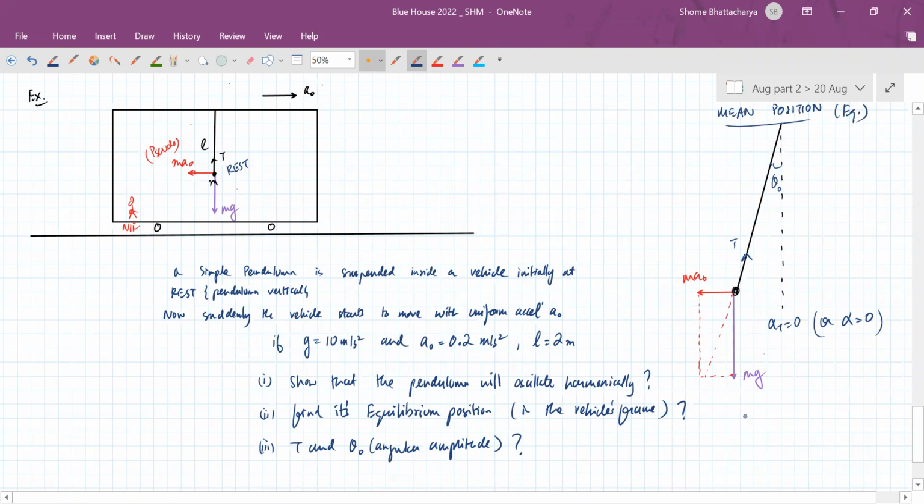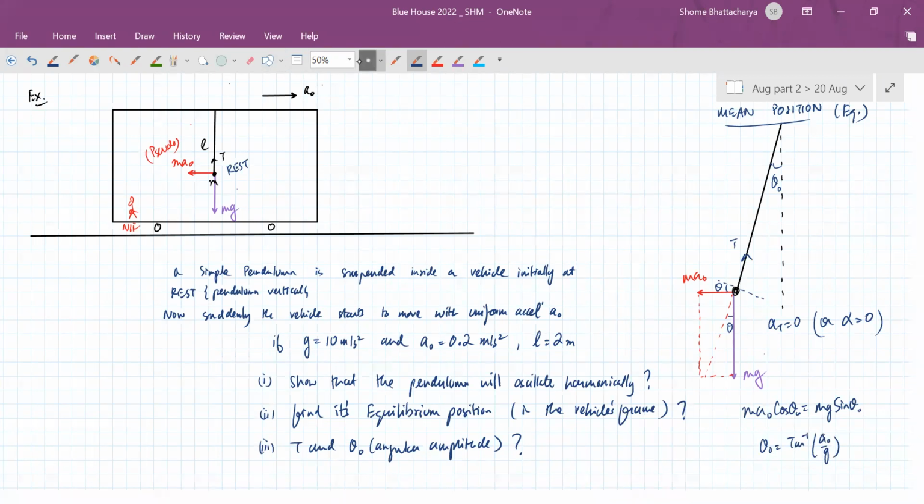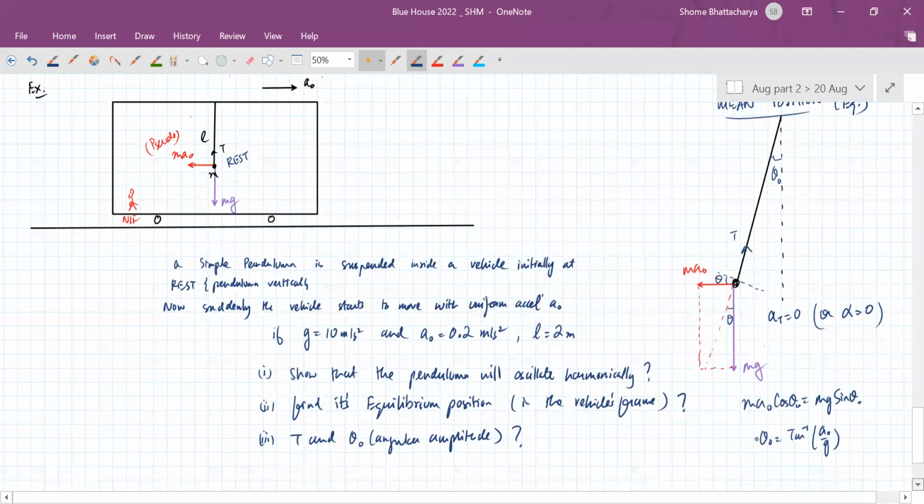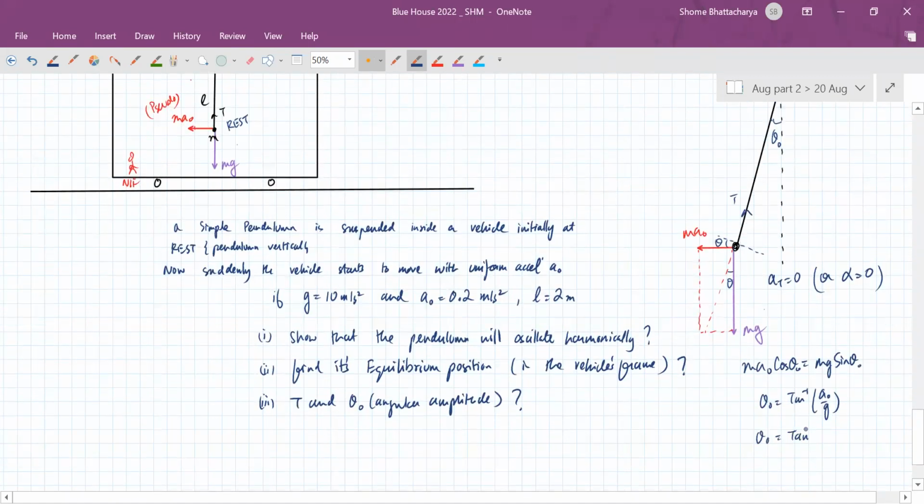So m a naught cos theta has to balance mg sin theta, and theta is tan inverse of a naught by g. Given the value of a naught, it is tan inverse of 0.02, which is approximately 0.02 radians only. It's a small angle.